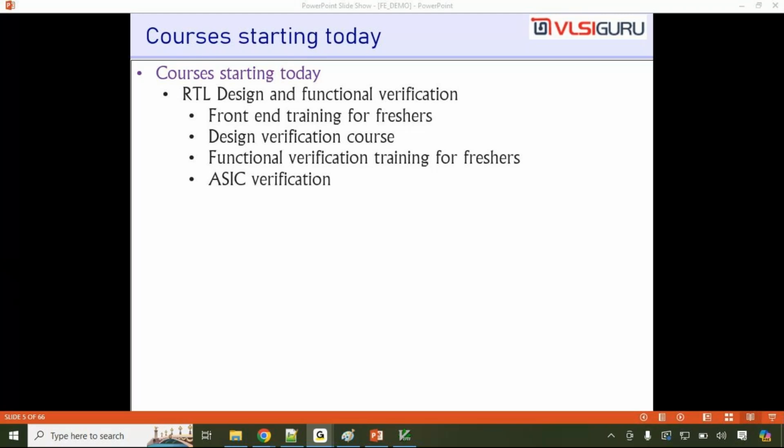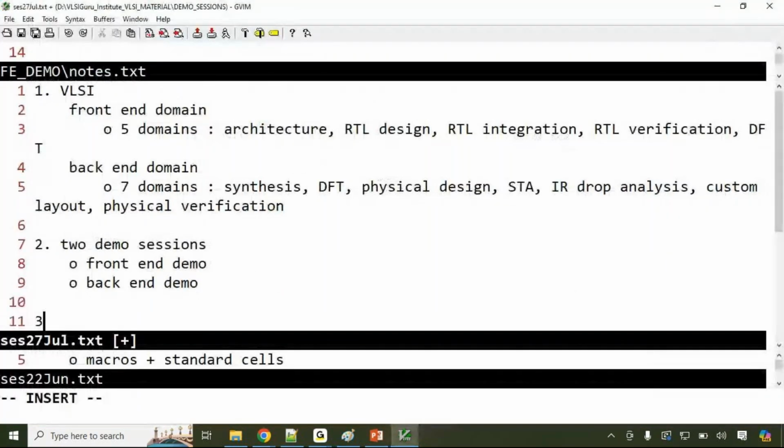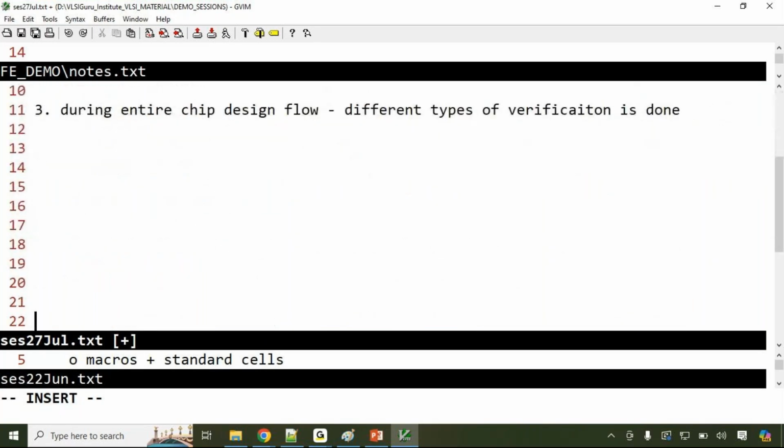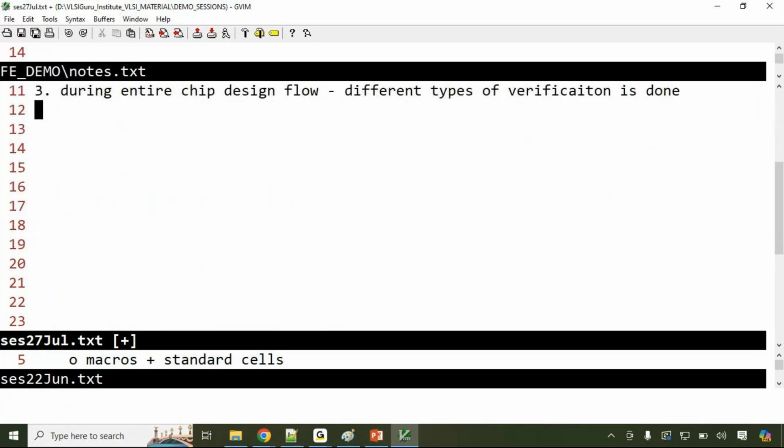So that means during the entire chip design flow, different types of verification is done. One is called functional verification.